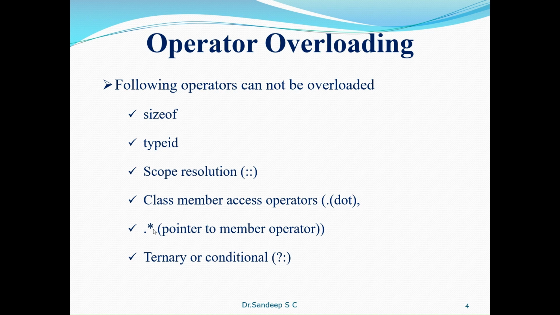When we discuss pointers, we will explain again how we access members using asterisk and arrow symbol, and why asterisk is used. Till now we have only operated on the dot operator. However, the dot operator and asterisk both cannot be overloaded, and one more operator, the ternary or conditional operator, also cannot be overloaded. So these operators cannot be overloaded. Other than these, the remaining operators can be overloaded to operate in a different form.